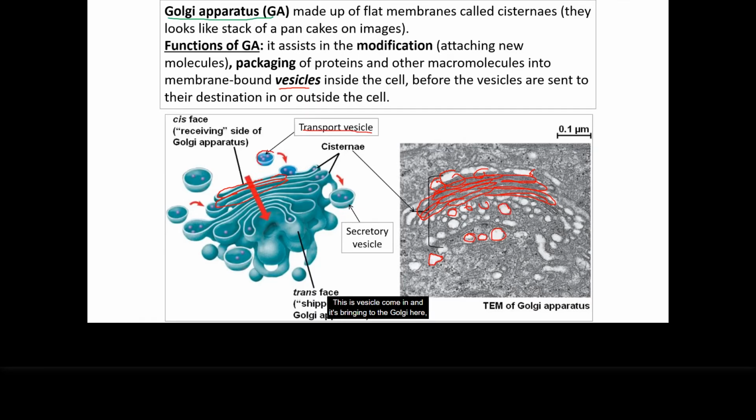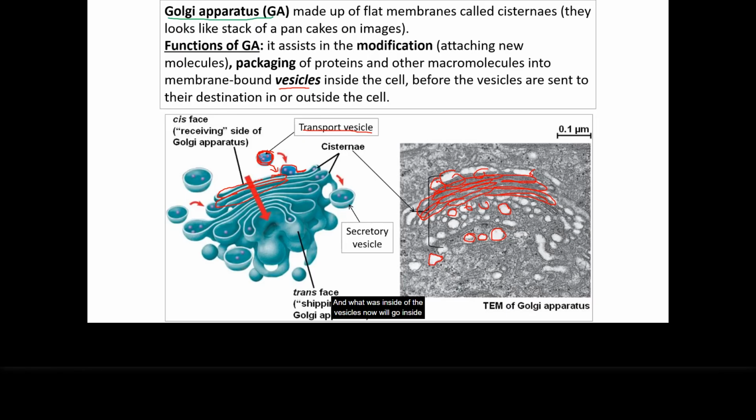This vesicle is coming and bringing these purple molecules to the Golgi. Then these vesicles will merge. Here it shows how they merge. A vesicle is just cellular membrane, so it can merge with the other membrane of the Golgi.